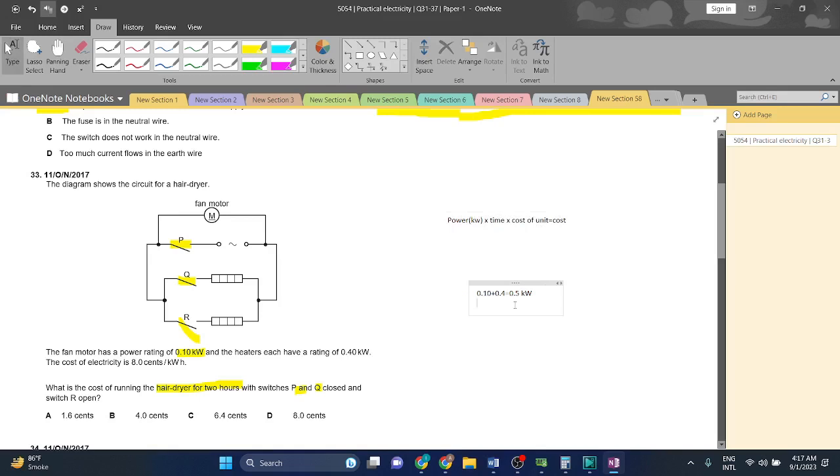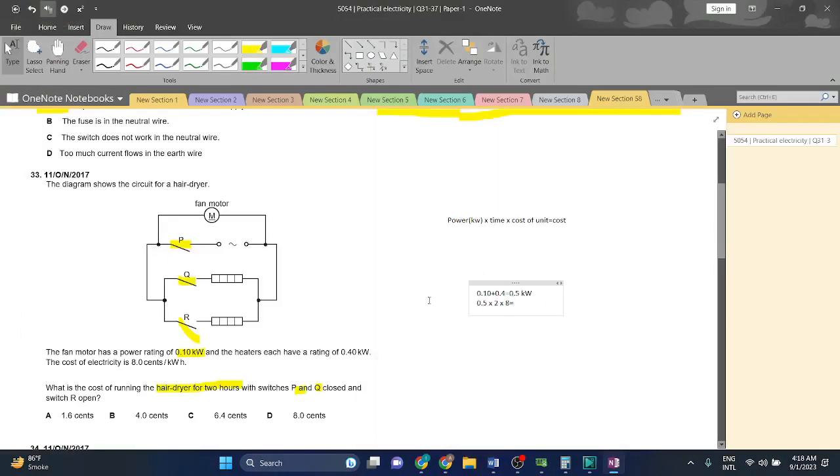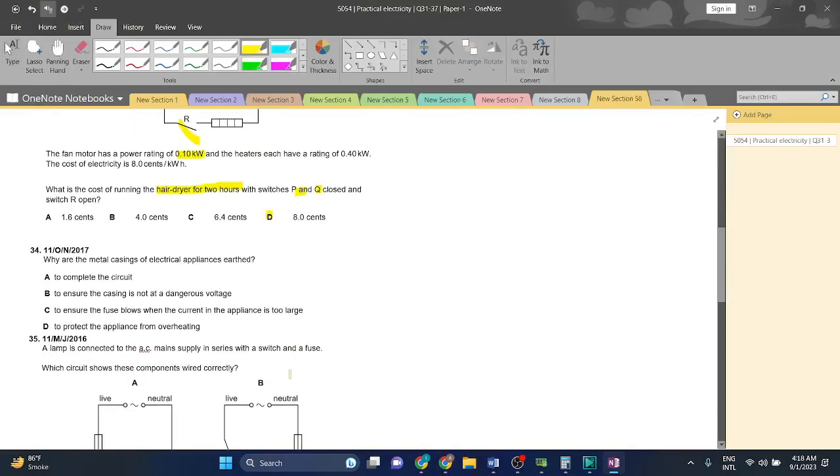We have the power, which is 0.5, times the time, 2 hours, times the cost of unit, the electricity, which is 8 cents, which will give us an answer. Let's see, D is the answer. Yes, D is the right answer.